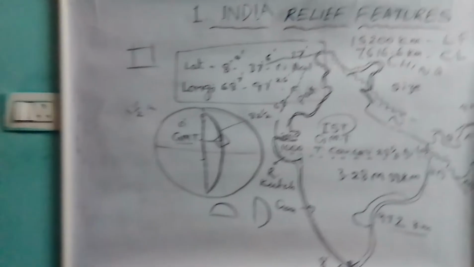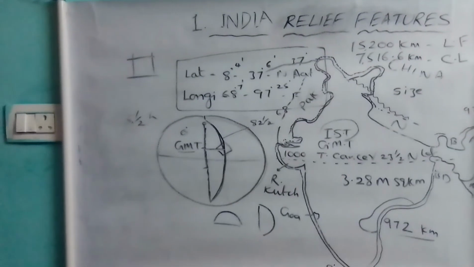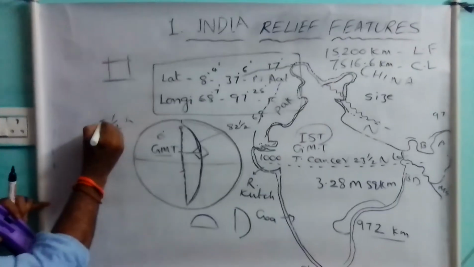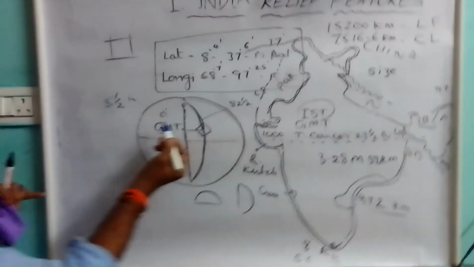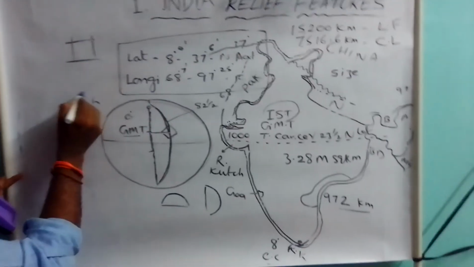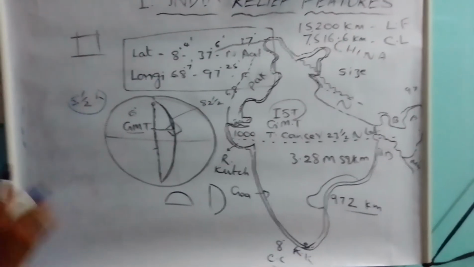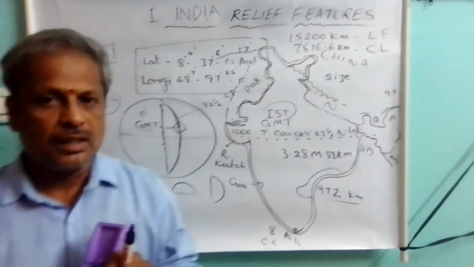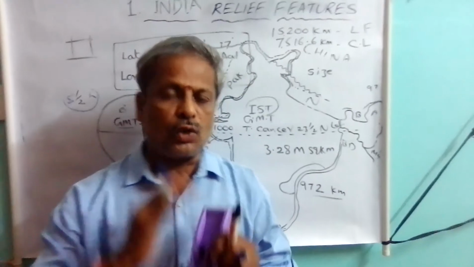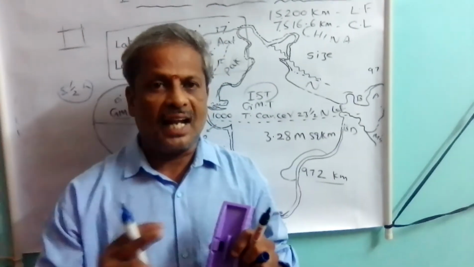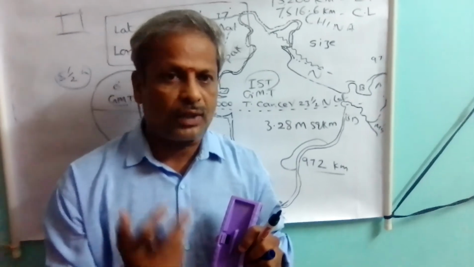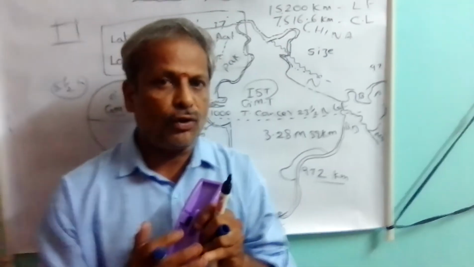Now we have to see how we are confirming that the difference between GMT and IST is 5.5 hours. So to know this, we have to know first how many degrees are in the total globe. We know that it is 360. And Earth takes 24 hours to complete one rotation.